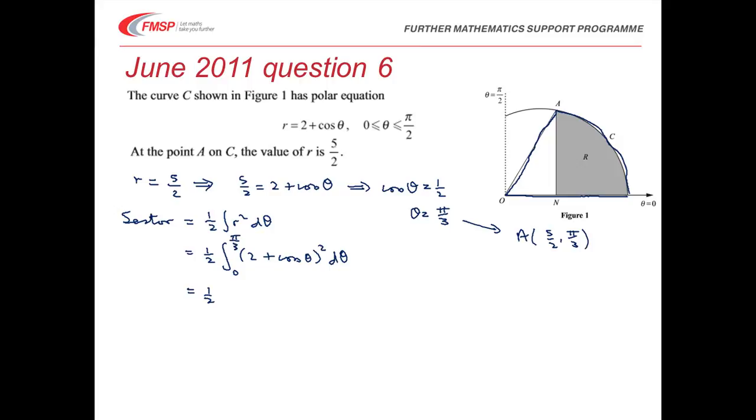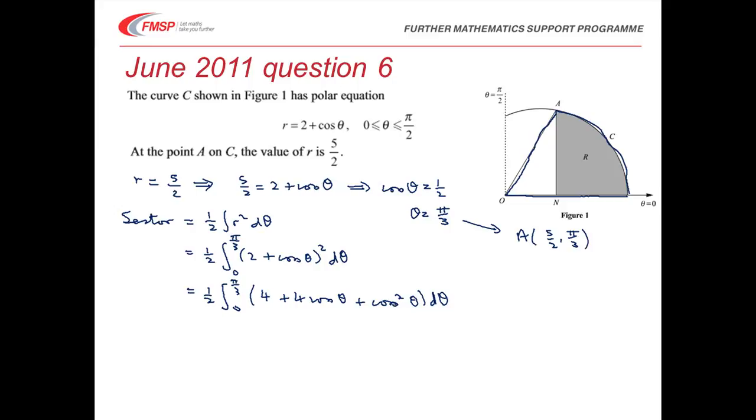Clearly we need to square out that bracket in order to be able to do the integration. So we're going to get 4 plus 4 cos theta plus cos squared theta. The 4 and 4 cos theta are relatively easy to integrate.